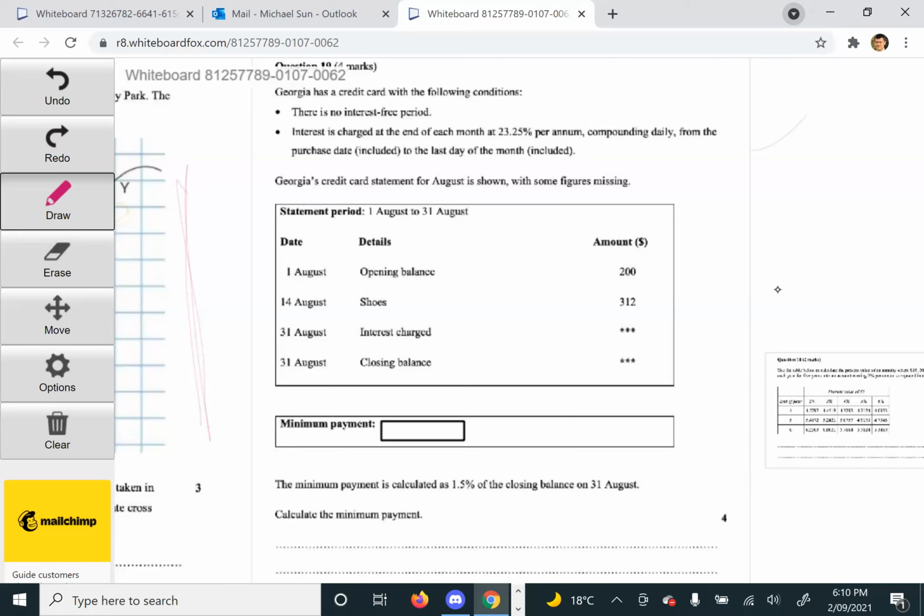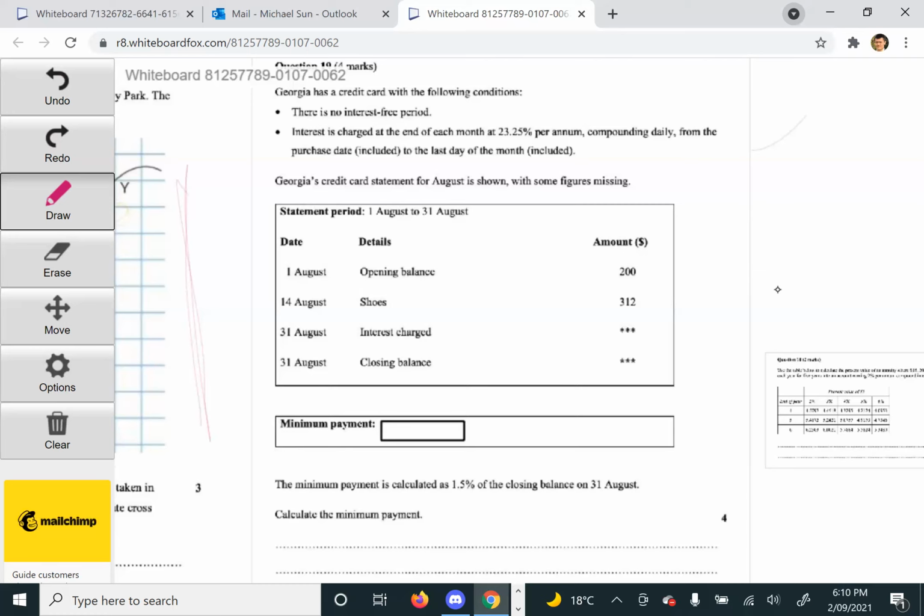Say 36 divided by 365, it's like 0.1, but it's already a percentage, so it's going to be like 0.000369863. So it should be 1.000 something, like three zeros. And then you do 112 times 1 plus the decimal, to the power of 17.